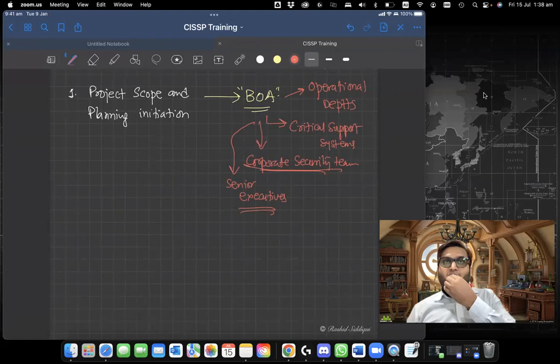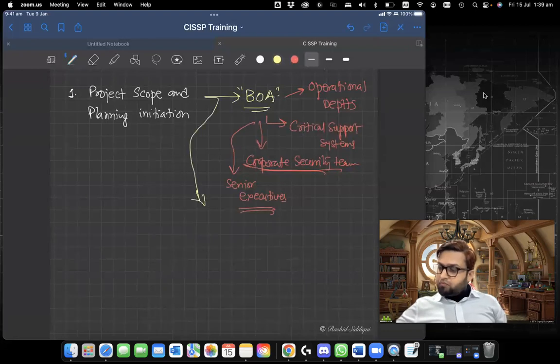Now, once we have done the business organization analysis, what we do is we make a team, a BCP team, right? We do something called BCP Team Selection, right? So what does it mean?